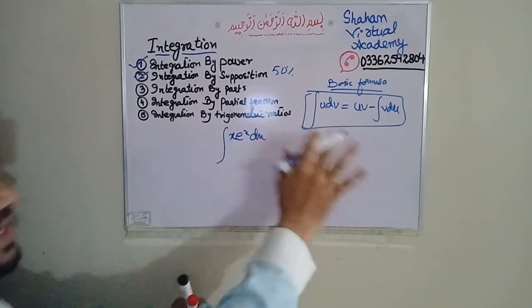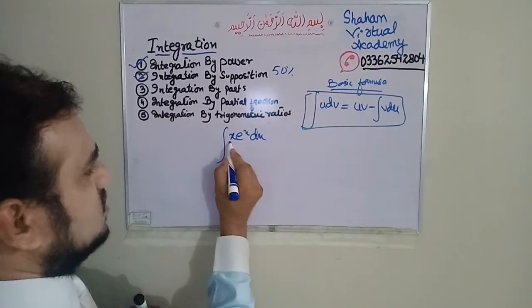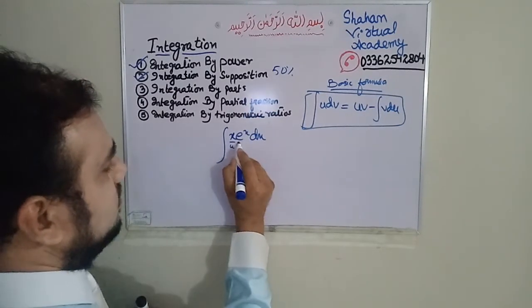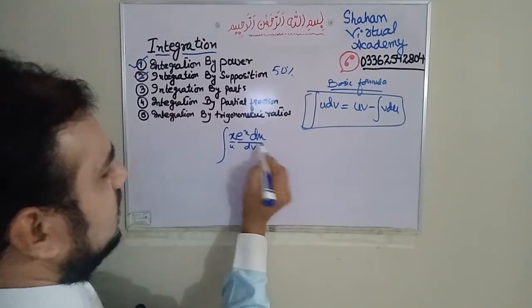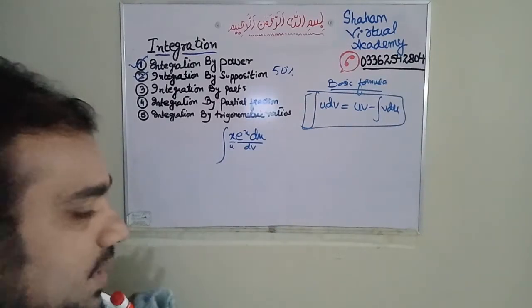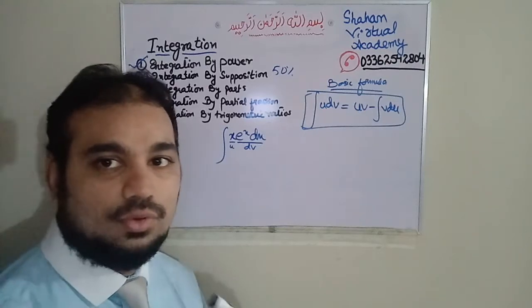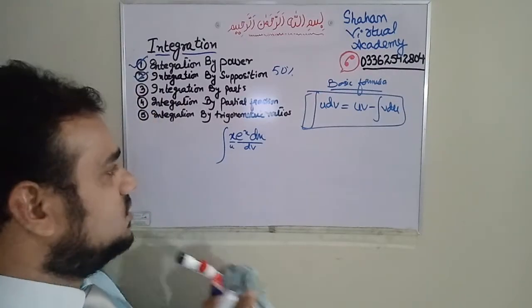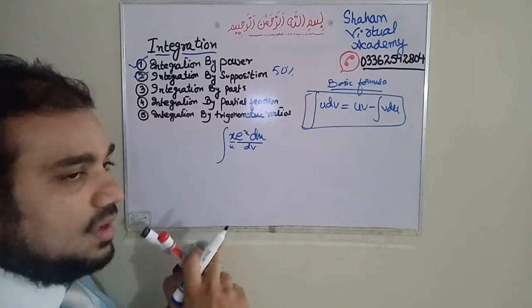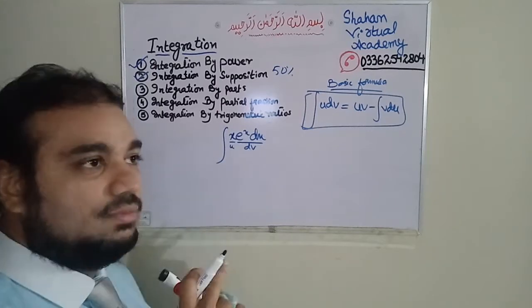We just use this formula. We suppose this is the u, and we suppose this is the dv. In multiplication of two terms in the derivation, we suppose uv, but in this integration, we will suppose u dv.